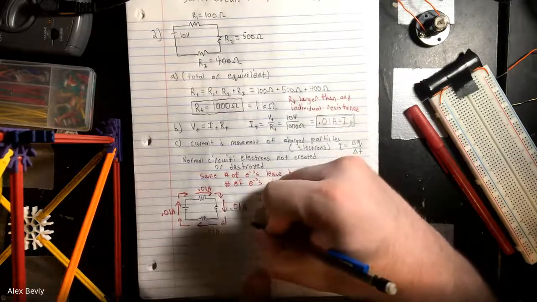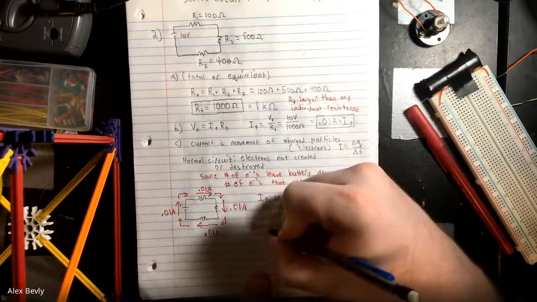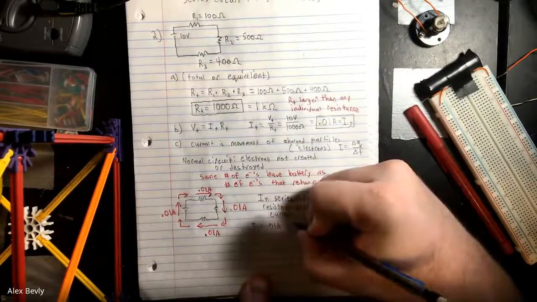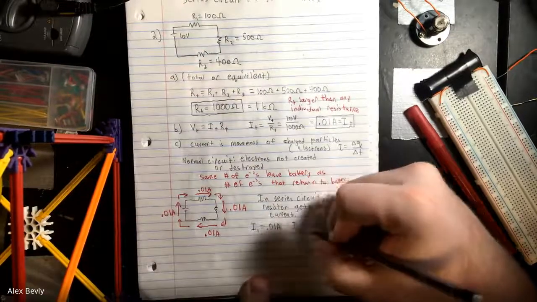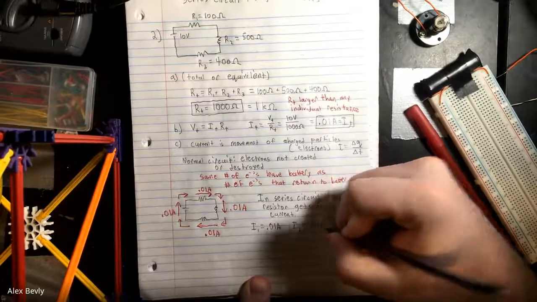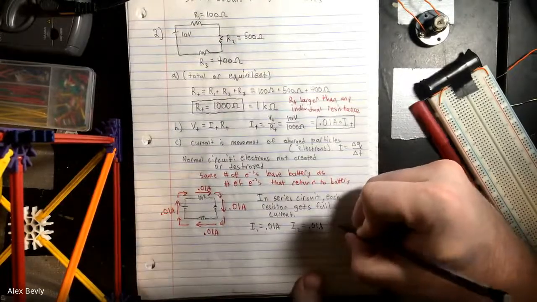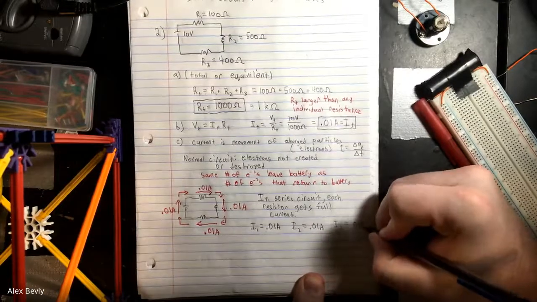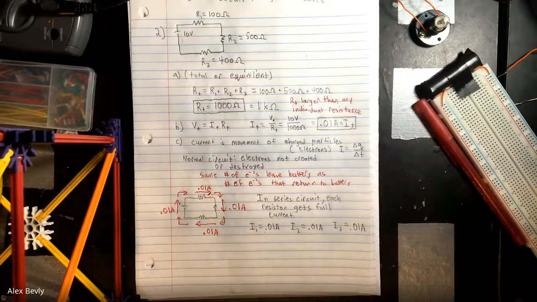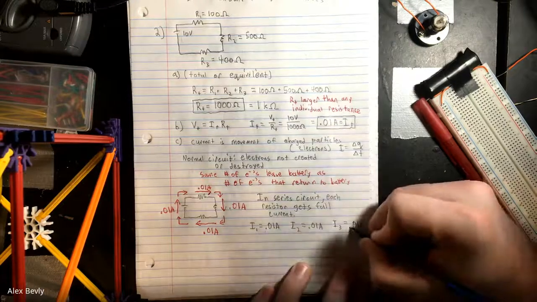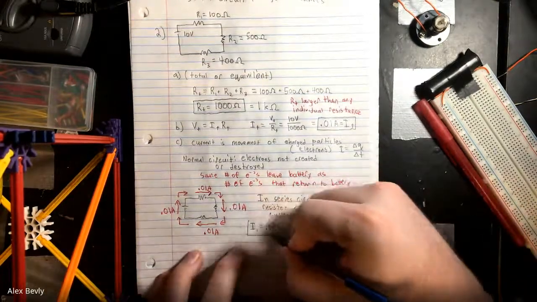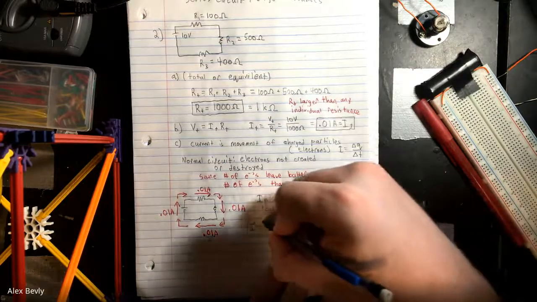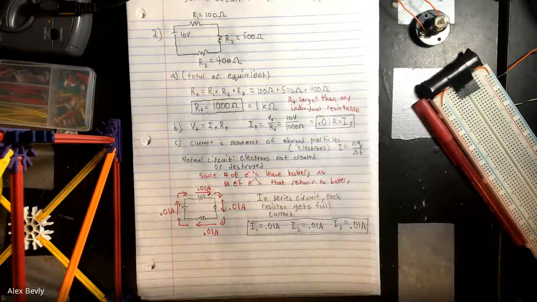So the current through resistor 1 is going to be the full 0.01 amps. The current through resistor 2 is going to be that full 0.01 amps. And the current through resistor 3 is going to be that full 0.01 amps. And that's all due to charge not being created or destroyed.